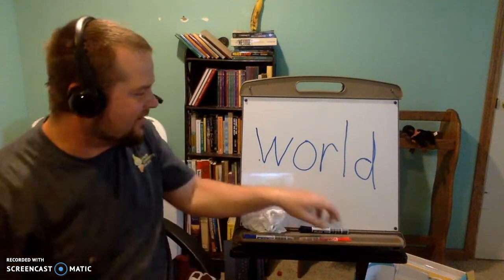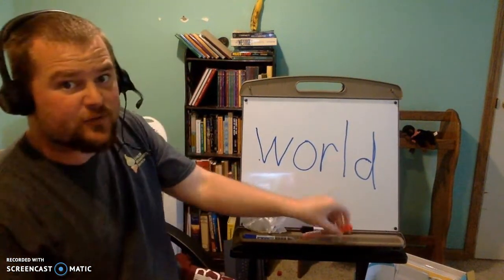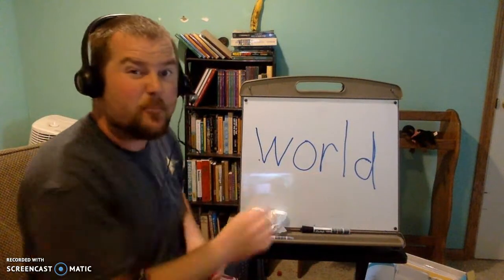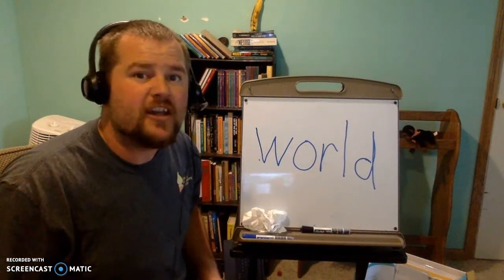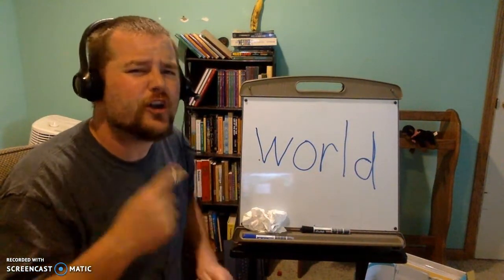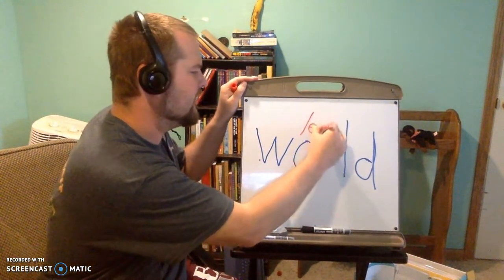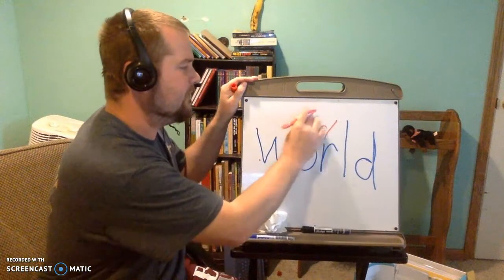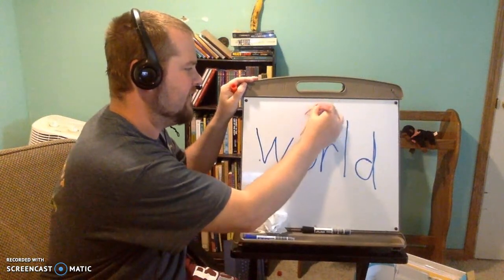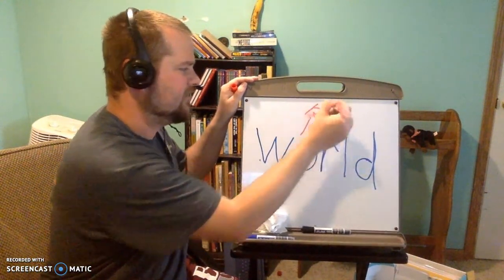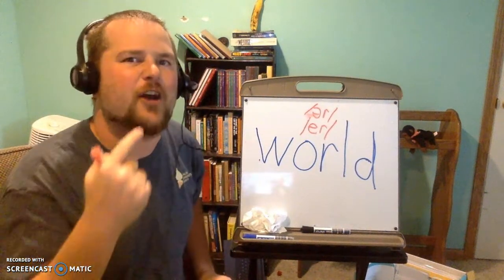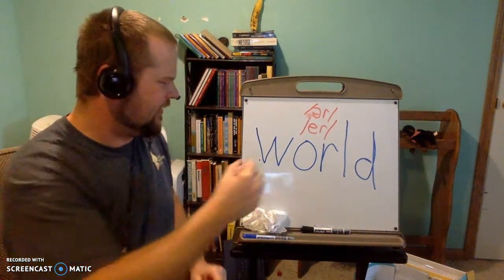Yes, you're right. We have an R-controlled vowel in O-R, but it's not saying or. This O-R sounds like an E-R. Or we could even say it sounds like a schwa-R. So this word is world.